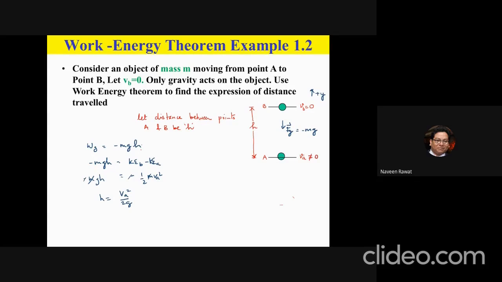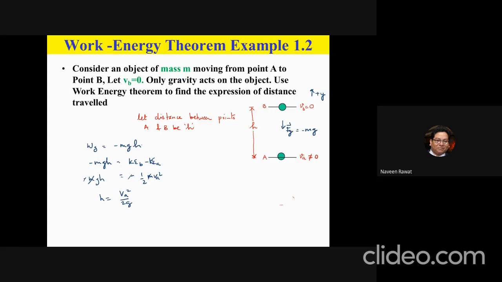Okay, and we can use the expression for the work energy theorem and say that this work done, minus mgh, will be kinetic energy at position B minus kinetic energy at position A. All right, and we know that at position B the velocity is 0, so the kinetic energy at B term, 1/2 m vb square, will be 0.